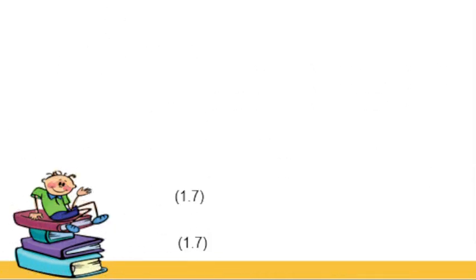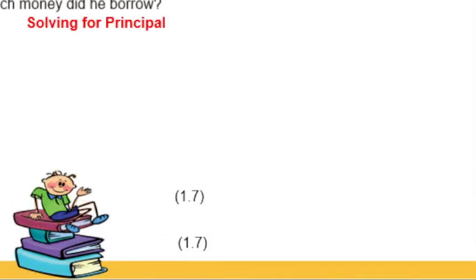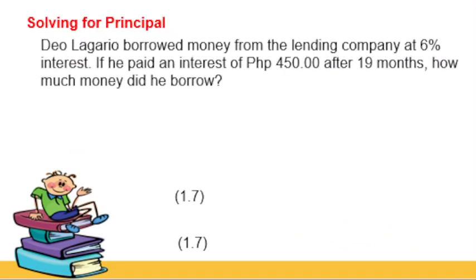Okay, so for the next sample, we are solving the principal. So this time, the amount of money is being asked, with the rate of 6% and the interest is 510, after 19 months.